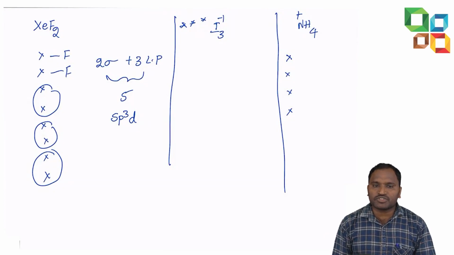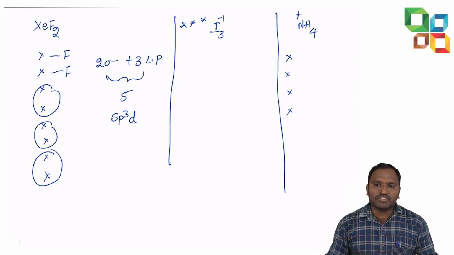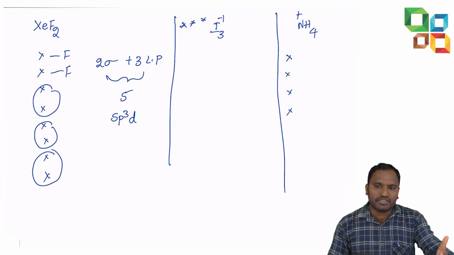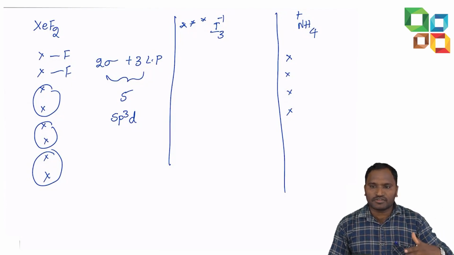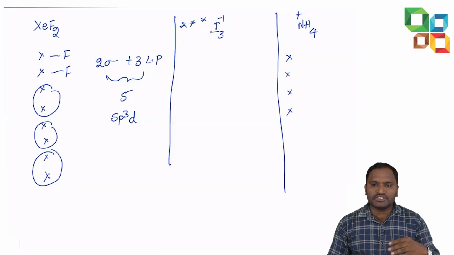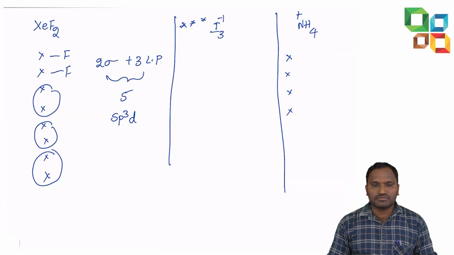If it carries plus 2 charge, remove 2 electrons. Plus 3, remove 3 electrons. In case of negative charge, it is reversed. Minus 1 means it gains 1 electron. Minus 2 means it gains 2 electrons. You have to add to the original valence electrons. In case of ions, follow this.